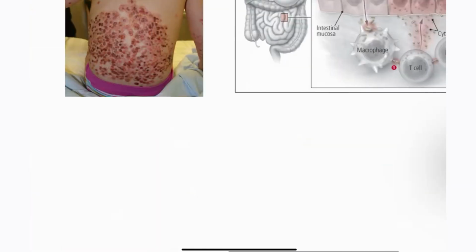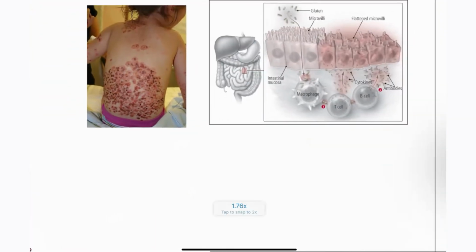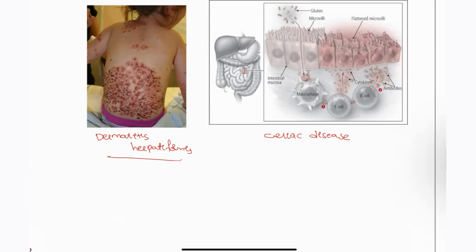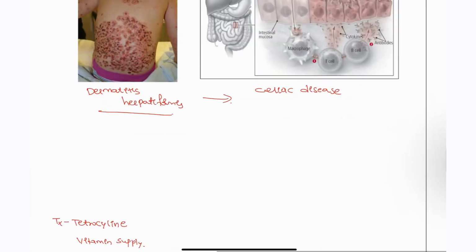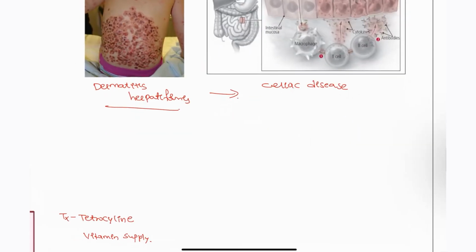Next, coming to the other condition, here you can see this condition is known as celiac disease. And what is this picture, guys? This is dermatitis herpetiformis. This common condition is seen with celiac disease people, right? That is one of the symptoms that you have to see.